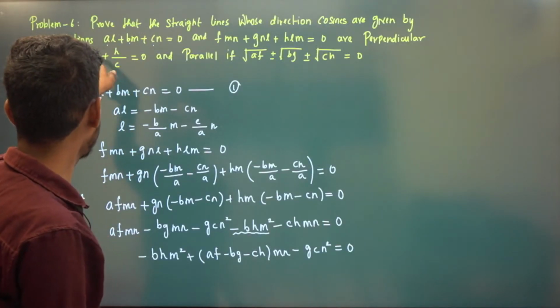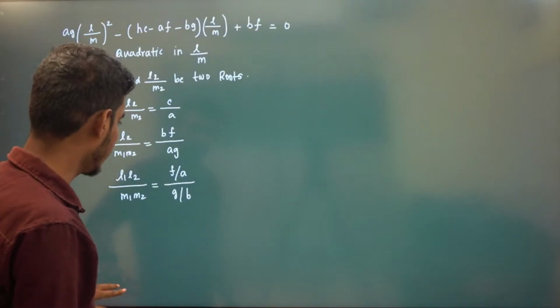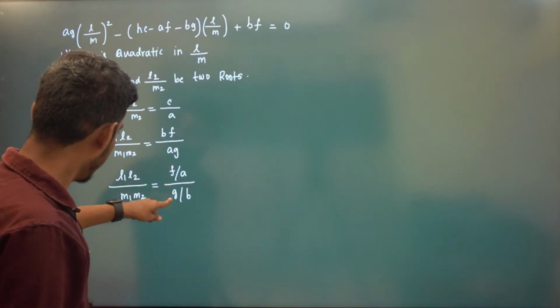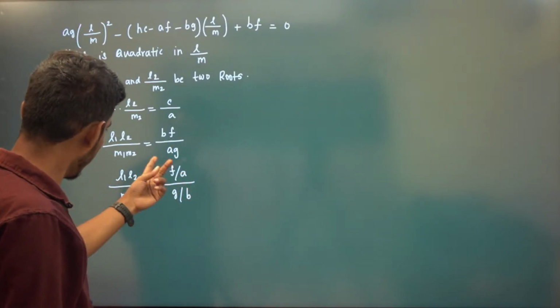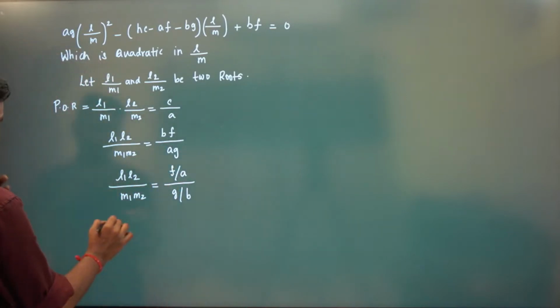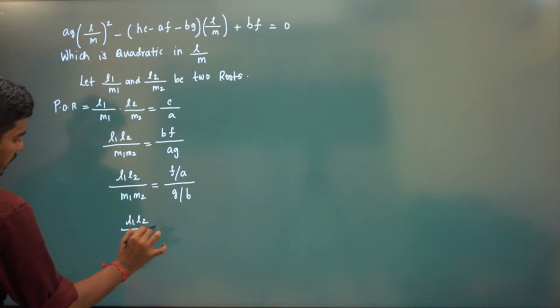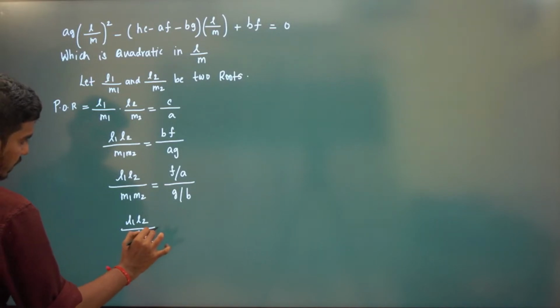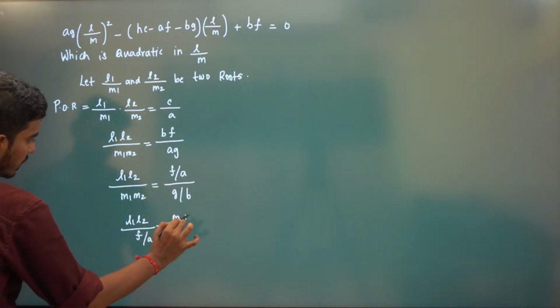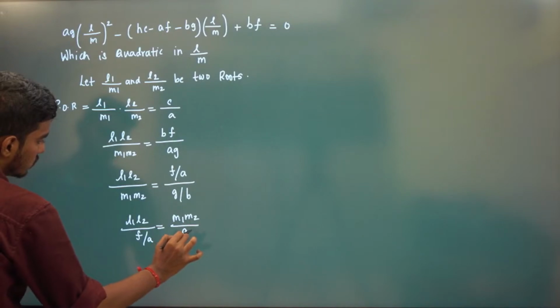FGH has to be in the numerator, ABC has to be in the denominator. Both are the same only, right? So that means we have L1 L2 divided by F by A is equal to M1 M2 divided by G by B.